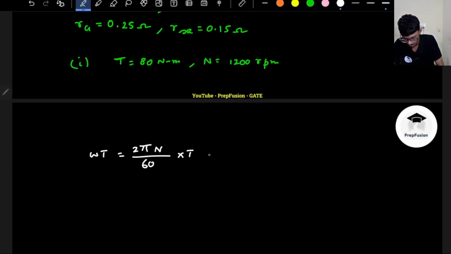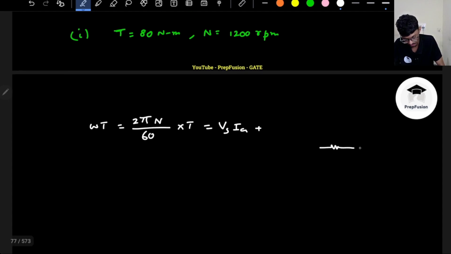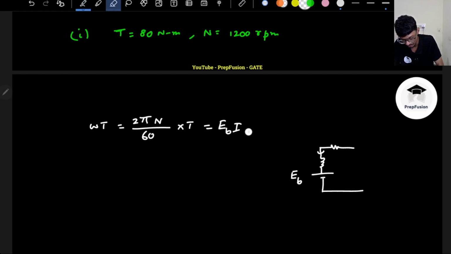This will be equal to what the supply is supplying, right? So the power the supply is supplying is basically Vs into Ia, the armature current, plus the losses. This is the equation. This is the armature, this is Eb. So I can find the armature current directly: Eb into Ia will be equal to that. And what is Eb?